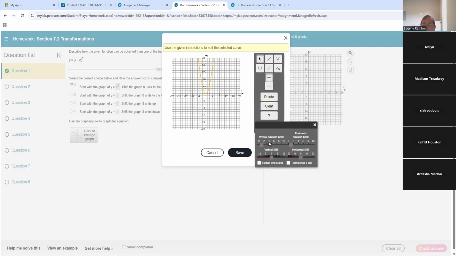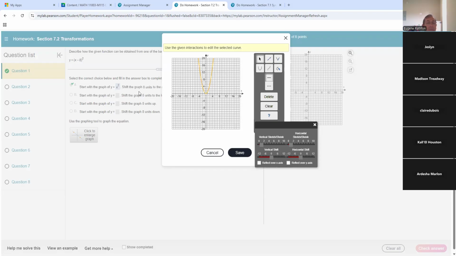So here, you're not going to use the top two things. The one that says vertical stretch and shrink, we're not using that at all. We're not using the one that says horizontal stretch and shrink. All we're using is the vertical shift, the horizontal shift, and the reflect over the x-axis. We're not even going to use the reflect over the y-axis in this section. All we're reflecting is the x.